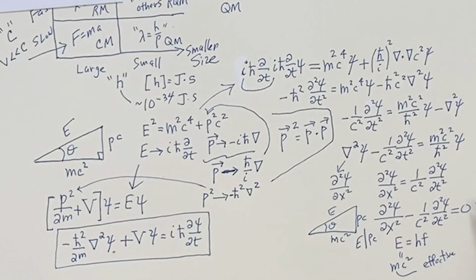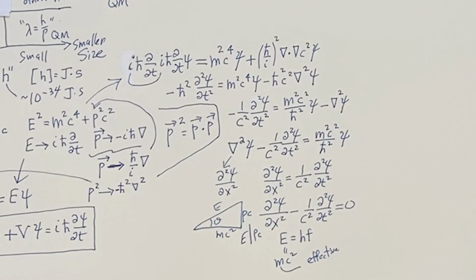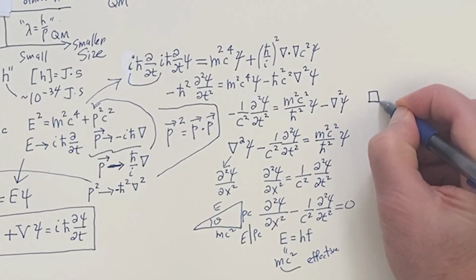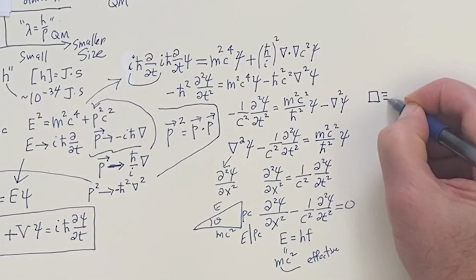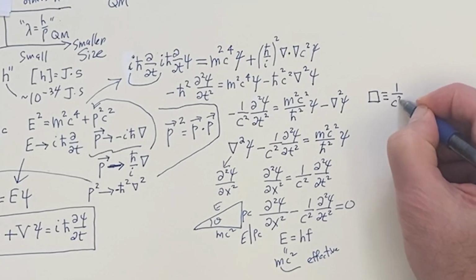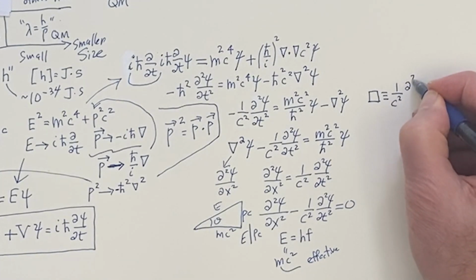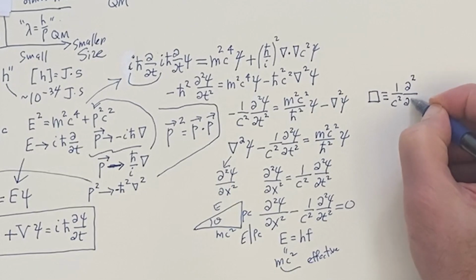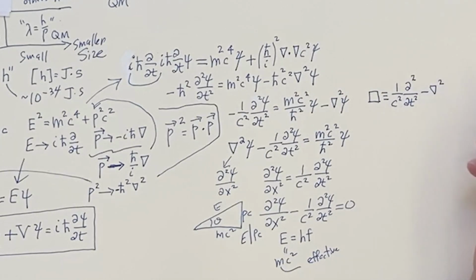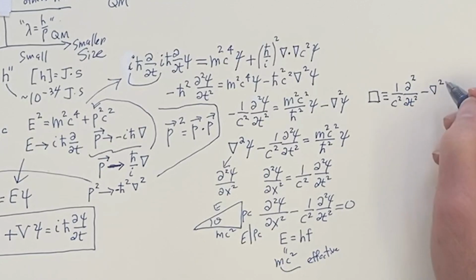So here, there's a cute symbol, the box symbol, which is defined as 1 over c squared, the second derivative with respect to t, minus del squared, or the Laplacian.